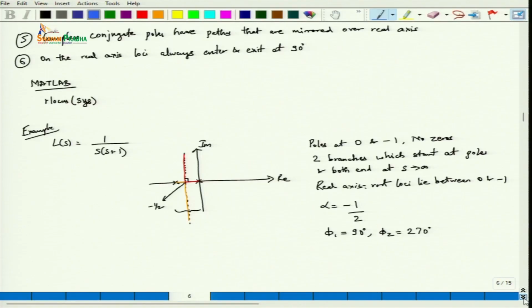Now in the next class, we are going to see how we can use knowledge of root loci, and with that I'd like to conclude today's class.